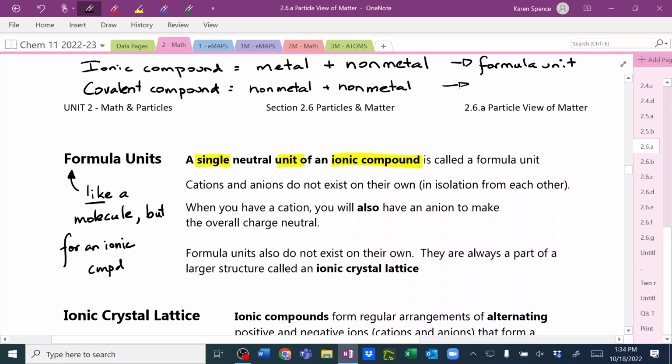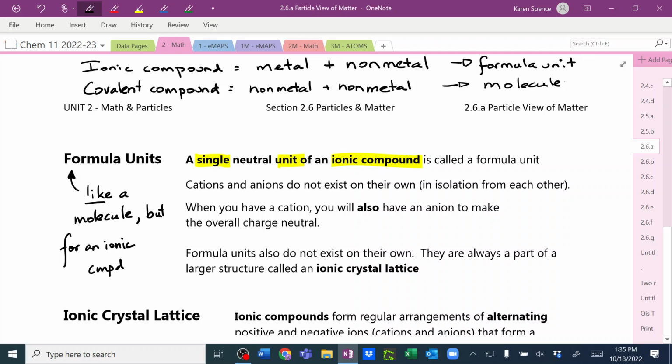What do they make? Molecules. So ionic compound, metal plus nonmetal, formula unit. Covalent compound, nonmetal plus nonmetal gives us a molecule.